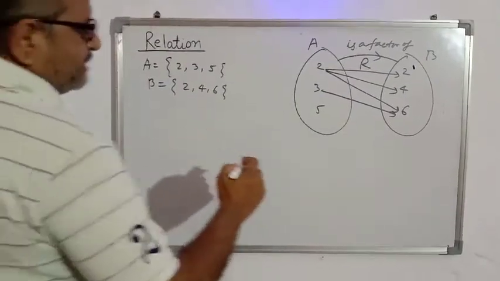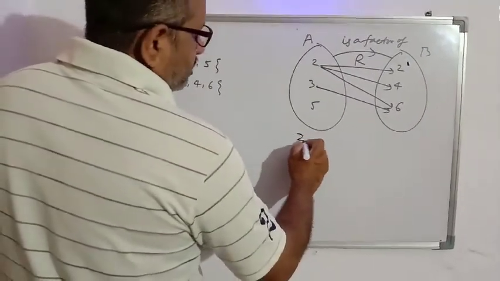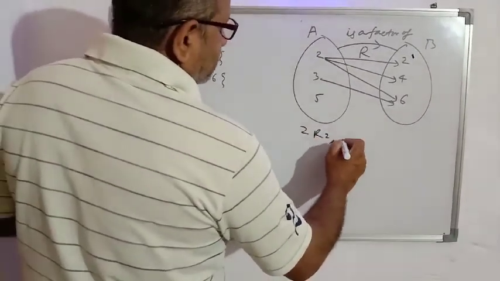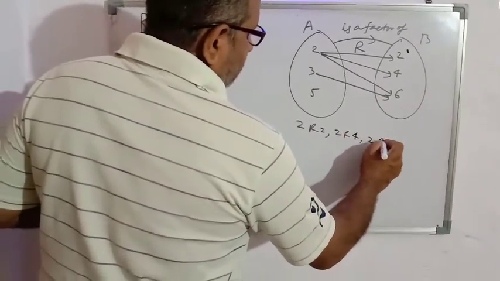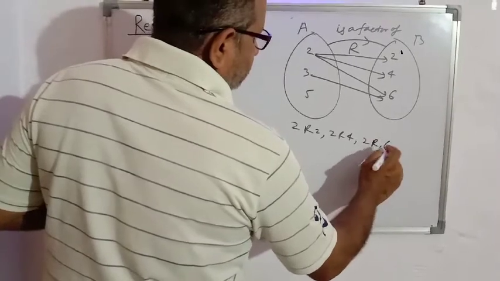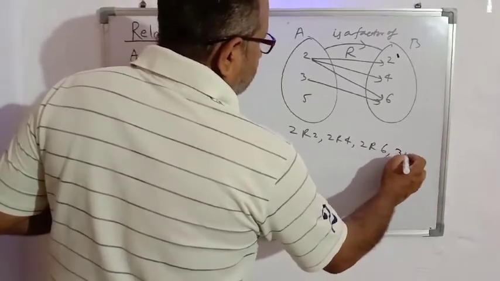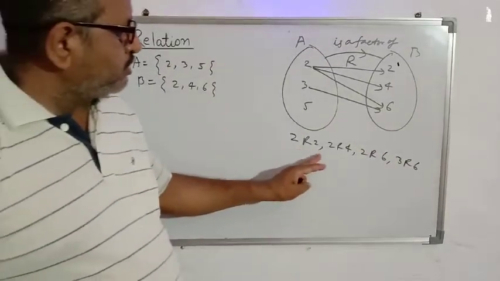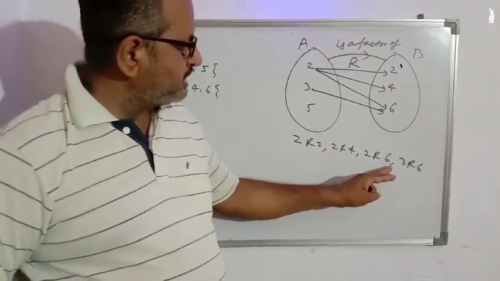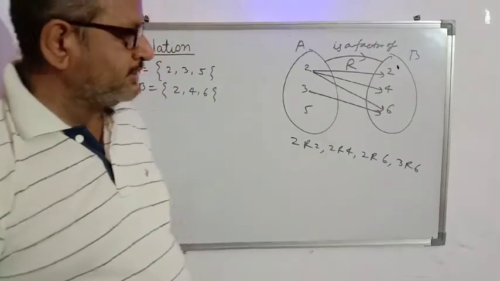So how can we write it? 2 is related to 2, 2 is related to 4, 2 is related to 6, 3 is related to 6.